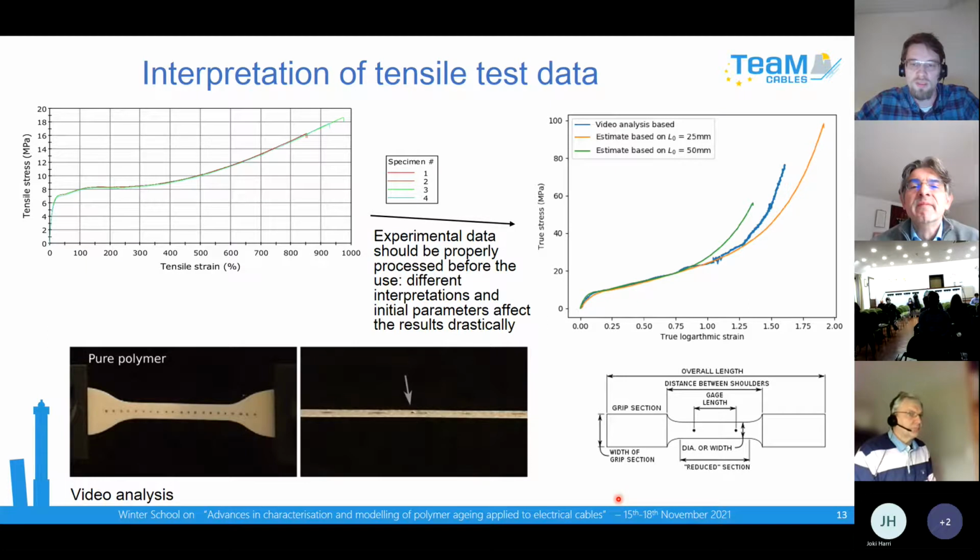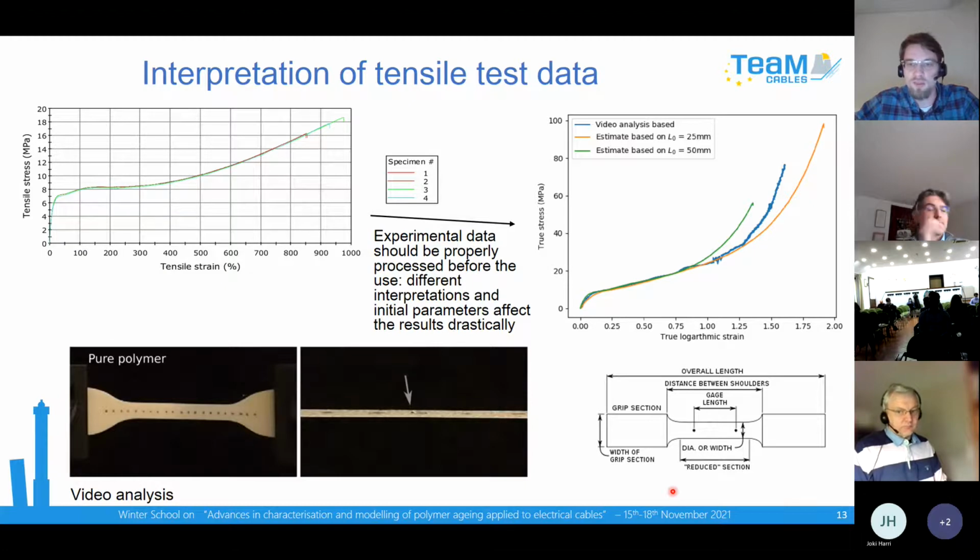Since we are using these dumbbell specimens, we can take, for example, the distance between grips in the testing machine as the initial length, which is the green line here, 50 millimeters, or we can just consider the gauge length, which is the actual deforming part of the specimen, and you can see how different the results are. So we need to pay attention to this a lot and interpret the results properly.